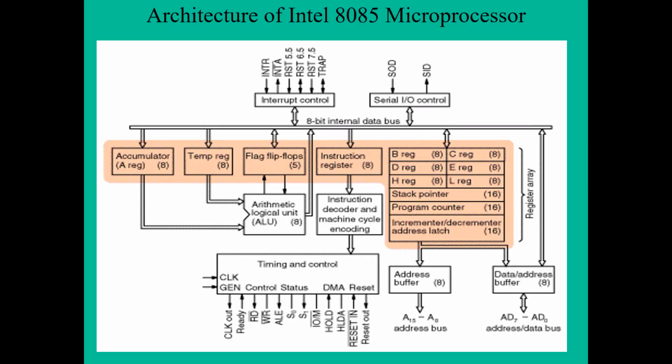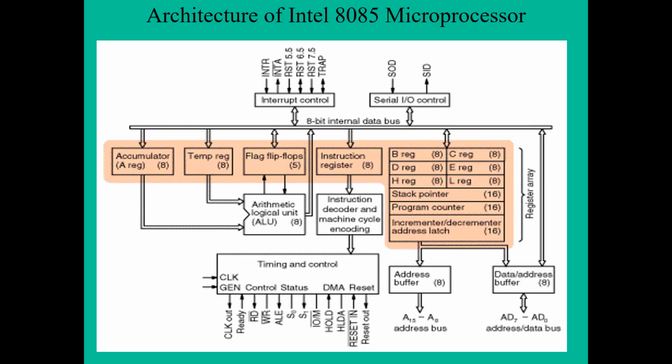These W and Z registers are controlled internally by the microprocessor and are not available for user access. These two registers are used to store certain types of data. So instructions are first stored inside the instruction register, then data will be stored inside the temporary registers W and Z, and from there the next operation will be carried out.